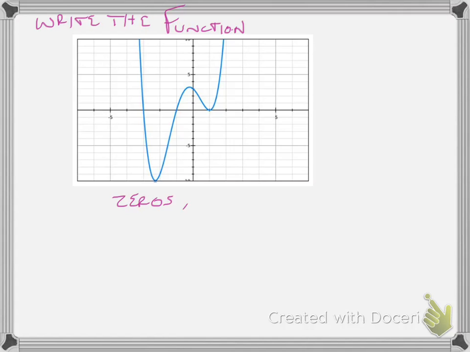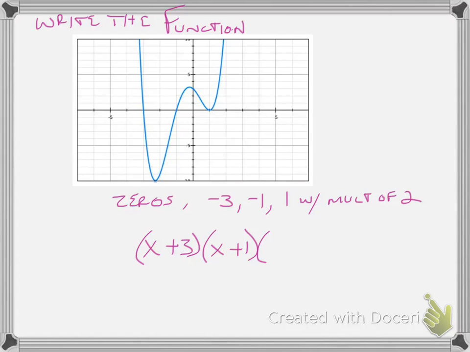And I have zeros of -3, -1, and positive 1, but at positive 1, because it makes that turn, it's a multiplicity of 2. So I'm going to have x plus 3 times x plus 1 times x minus 1 squared, and that's going to be my function.